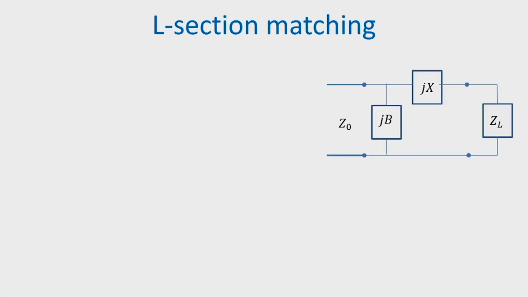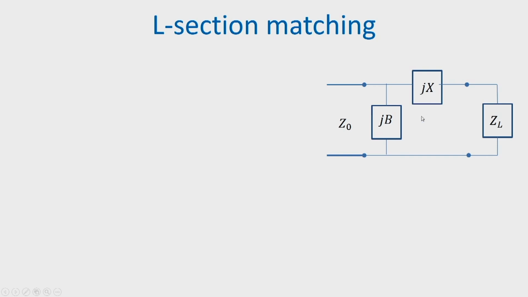Now, we move to the second configuration of the L section matching network. Here you can see the shunt element jB is connected first, and then the load impedance ZL is in series with the reactance jX.